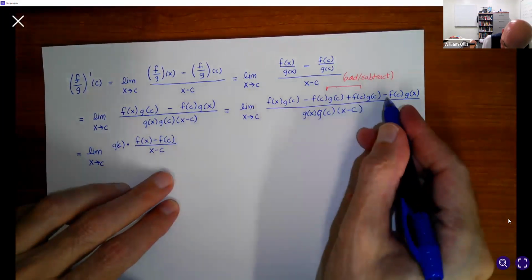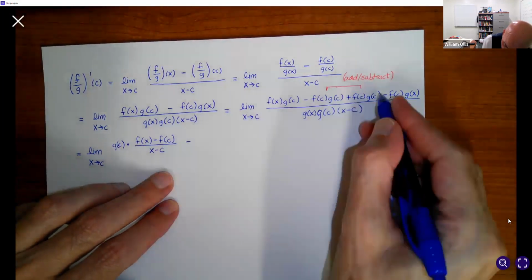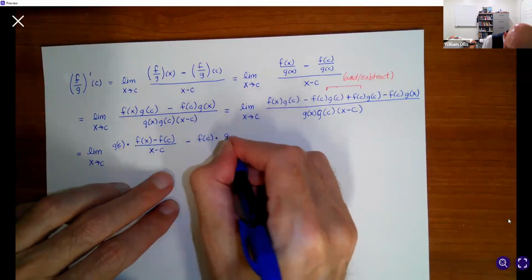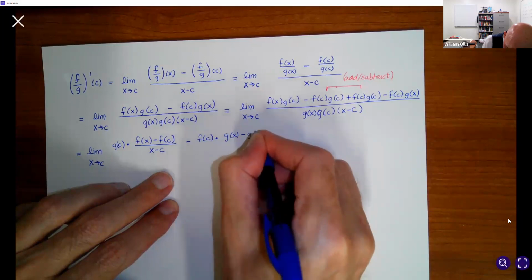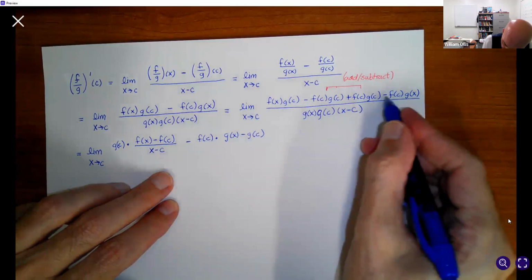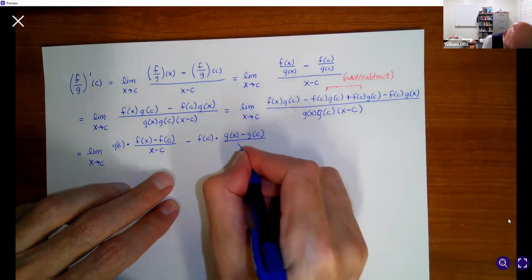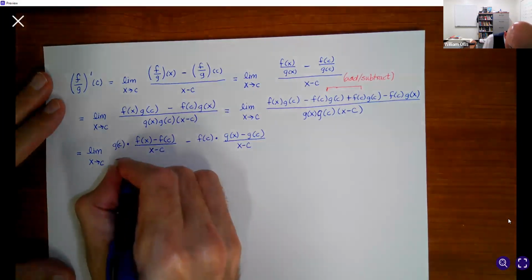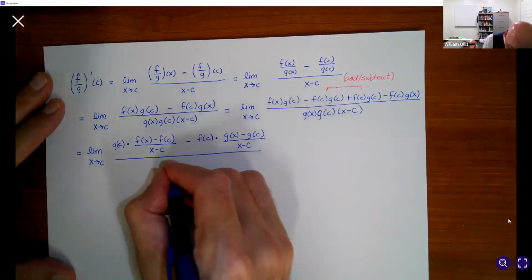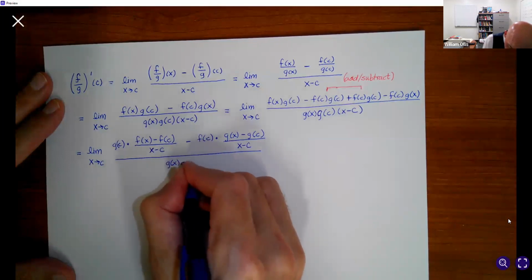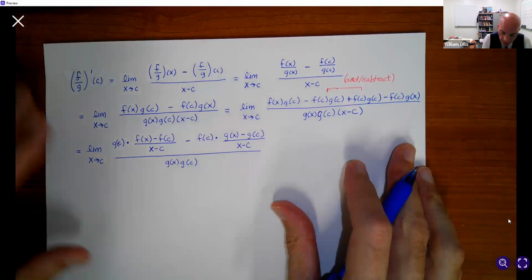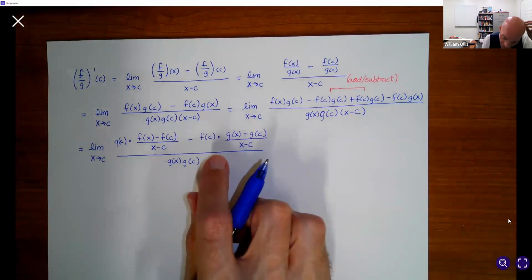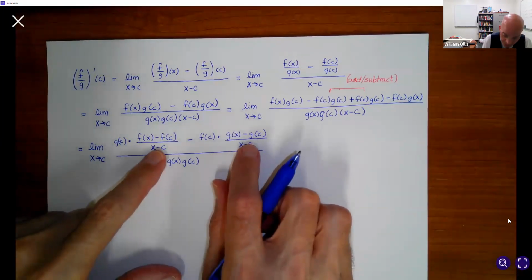Now next, we're going to factor the negative from these two terms, and we have the common factor of f of c times g of x minus g of c. So again, we're factoring the negative, so we have the order in the difference quotient correct. So that tells us why we have the negative sign. And then of course, downstairs, we just have the g of x times the g of c. So by adding and subtracting convenient terms here, we can now utilize the differentiability hypotheses.